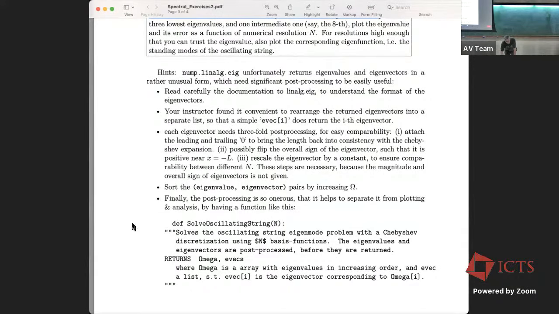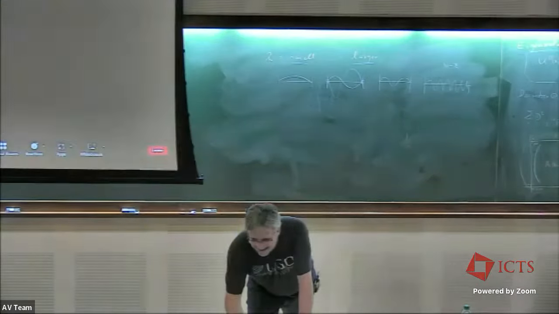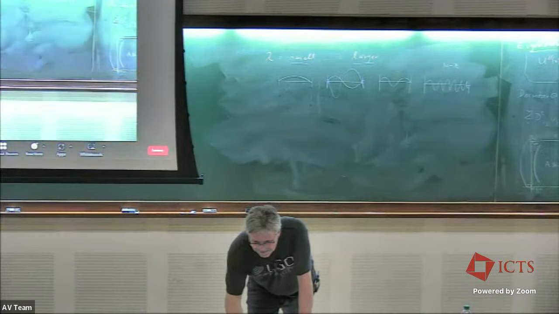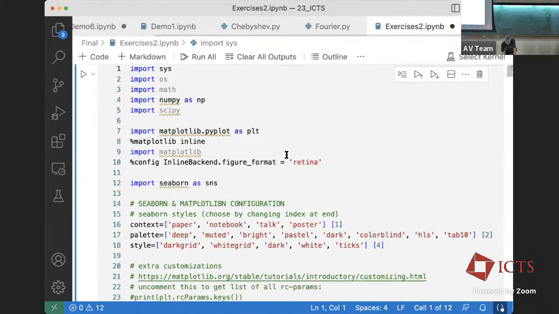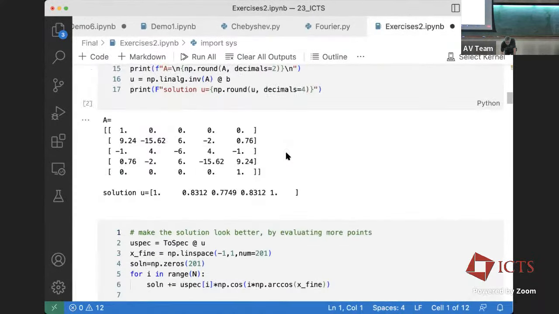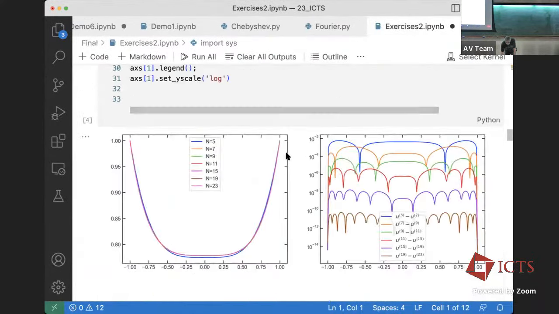I can just show you. I have the power here to show you things. Exercises 2, the solve oscillating string, wherever it is.